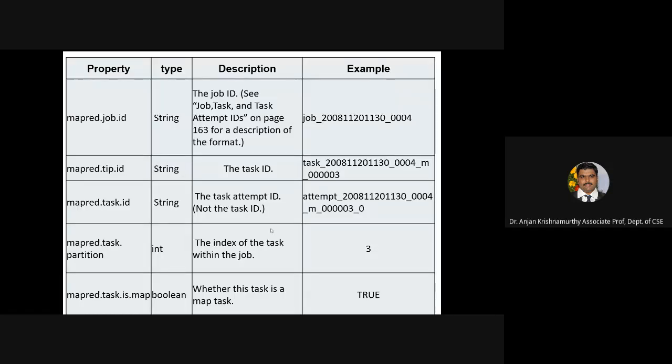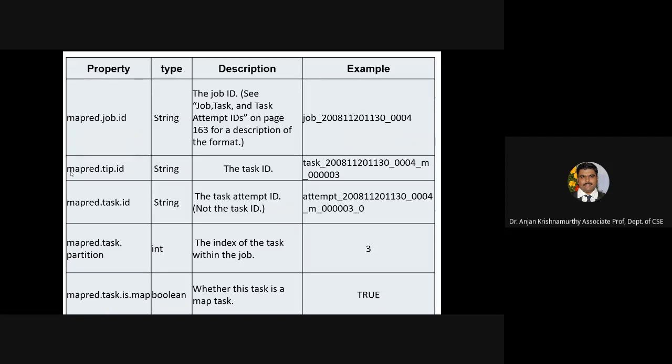So these are the properties of the job that you are trying to submit, and these are examples for this particular job. For example, the job ID is a string consisting of job underscore some numbers followed by some numbers. Then you have the map reduce tip ID, which is again a task ID. Even this is a string in this particular format.